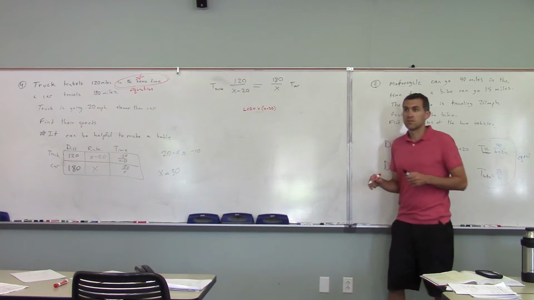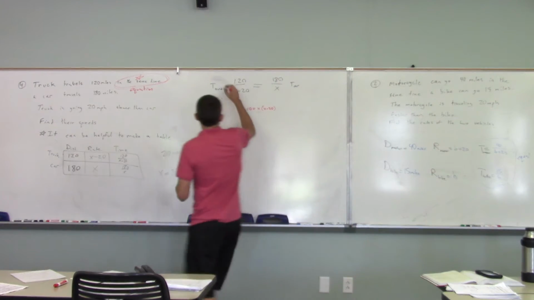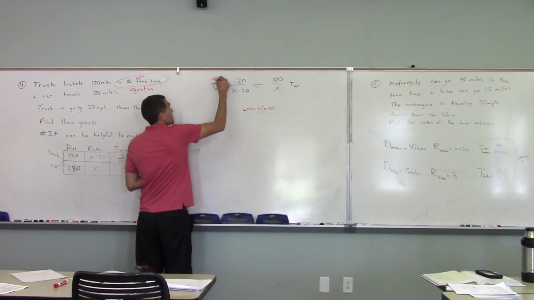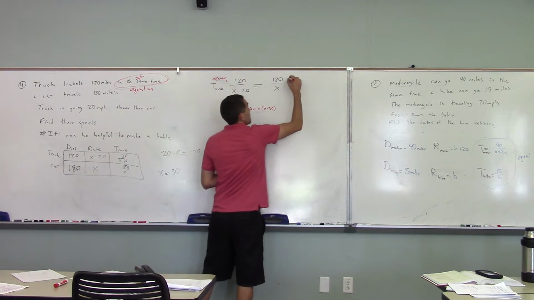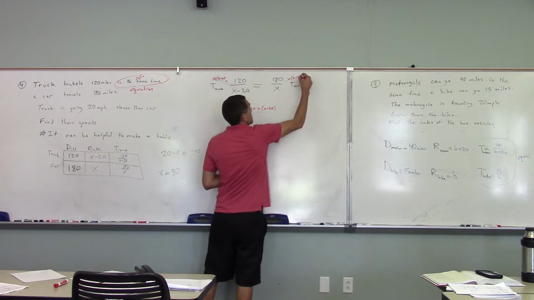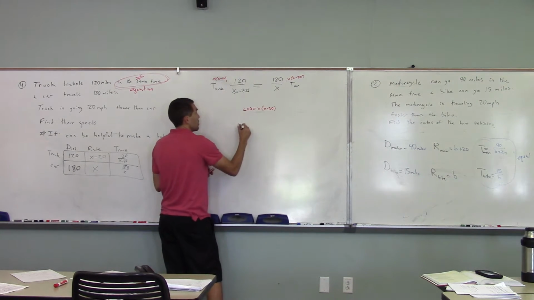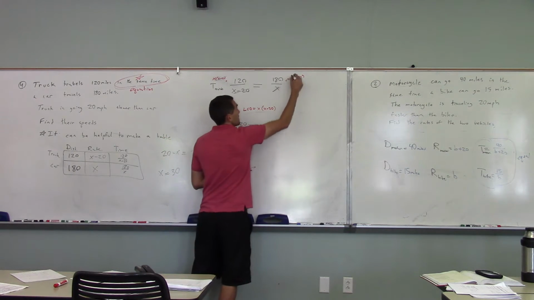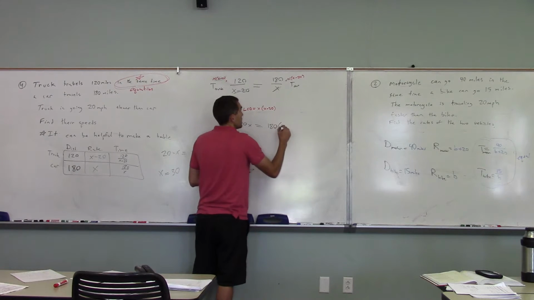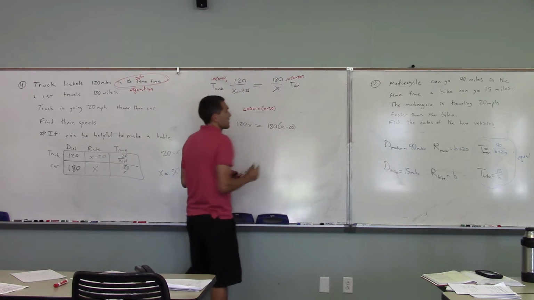And then you multiply. Just multiply everything by that LCD. Here's x times x minus 20. Here's x times x minus 20. So, x minus 20's cancel, and we get 120x equals, the x's cancel, 180 times x minus 20.